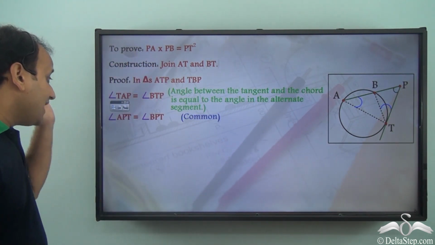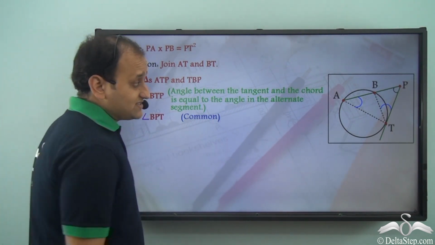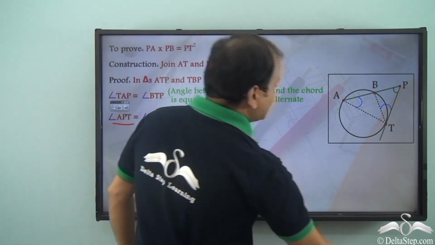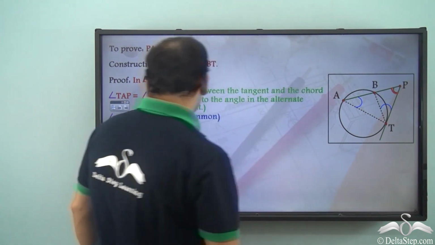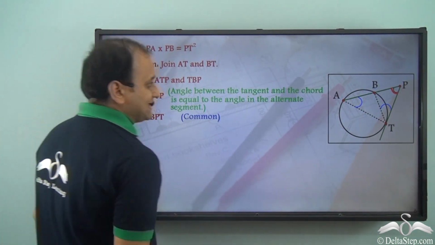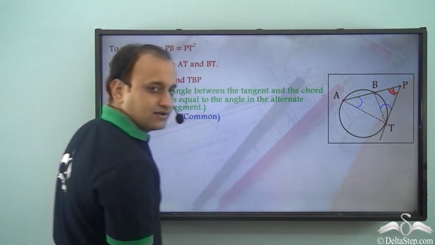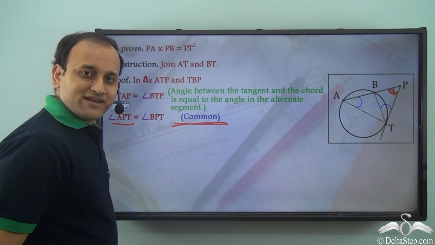Now angle APT is equal to angle BPT. Why do I say so? Because we are talking about angle APT, this angle, and if we say angle BPT, it's the same angle. So here we have this angle common.